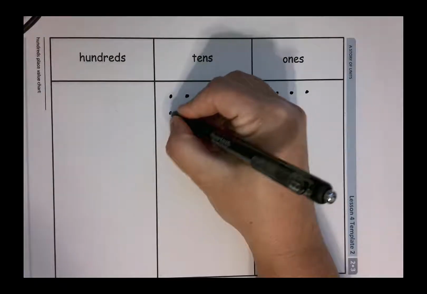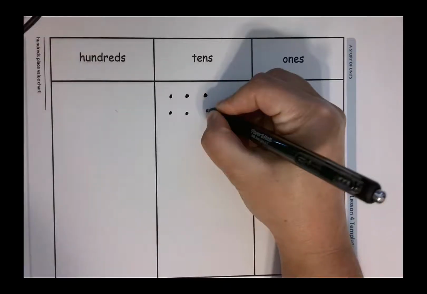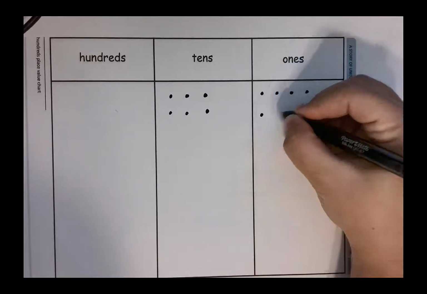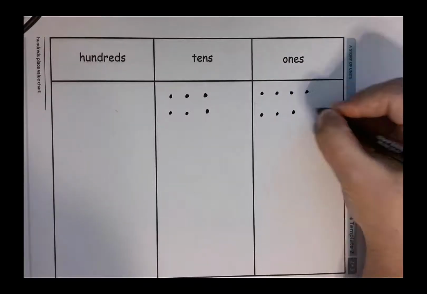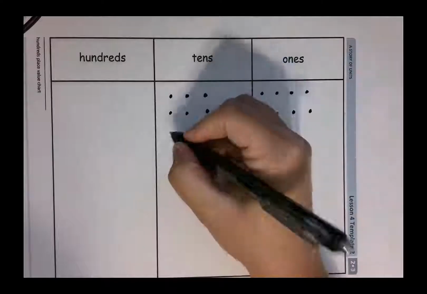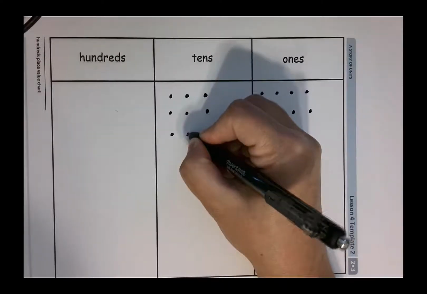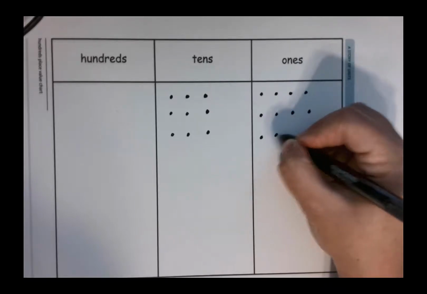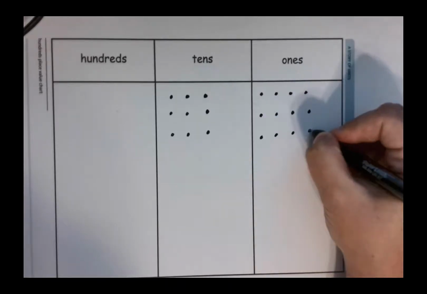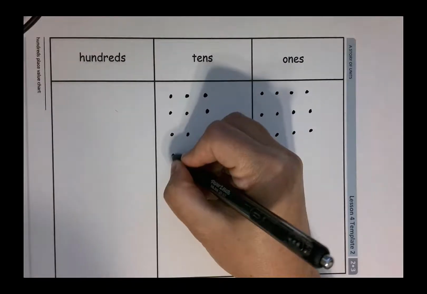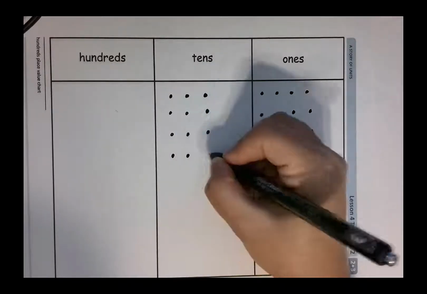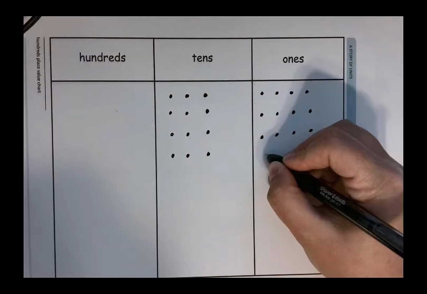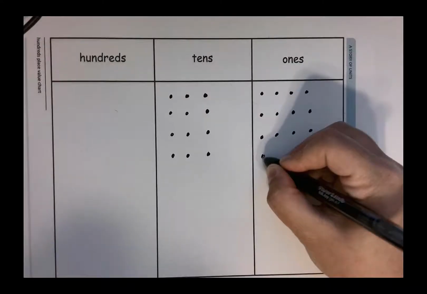So here's my second group of 3 tens, 4 ones, my third group of 3 tens, 4 ones, and my fourth group of 3 tens, 4 ones.